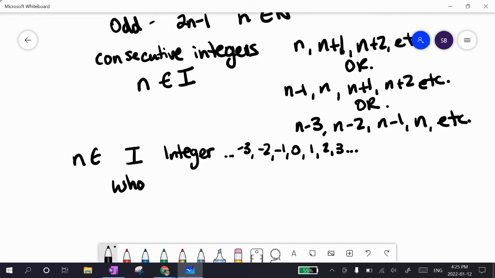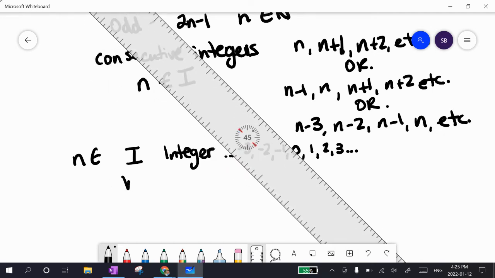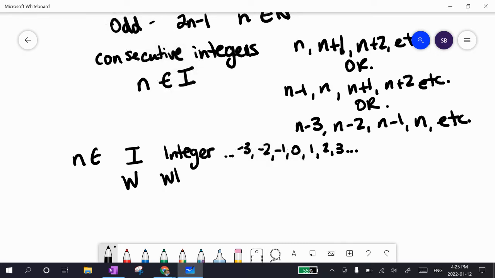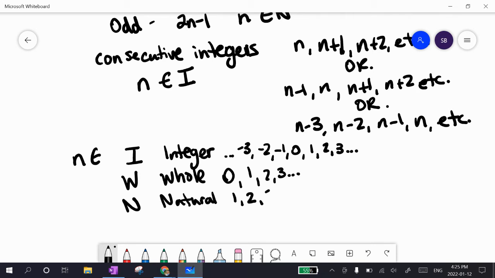If it's a whole number, then it starts at 0. If it is a natural number, and that's what we've been dealing with a lot, naturally we start counting at 1, 2, 3, 4, etc.